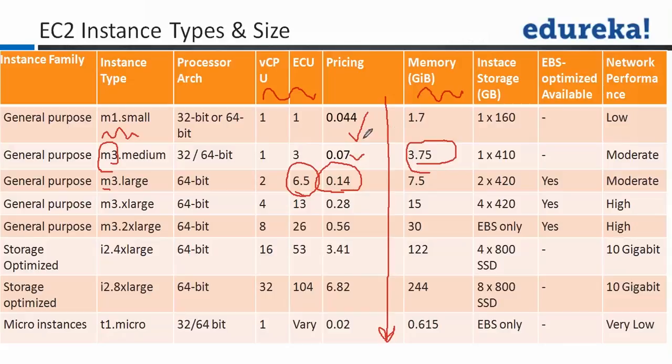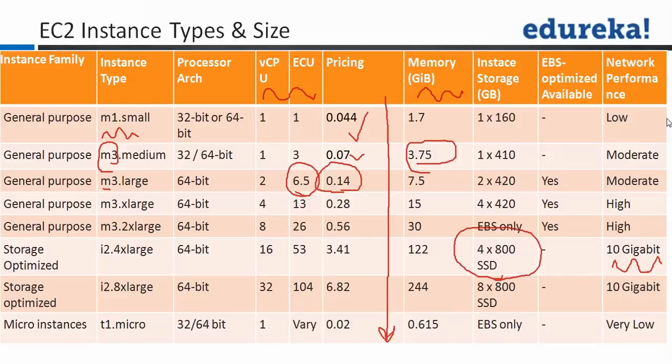When I go from general purpose to storage optimized, where I get better storage, I get instance storage that is SSD based, and there would be very high network performance between storage and the instance also.